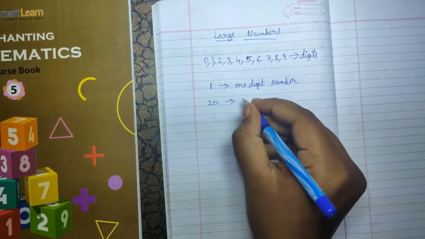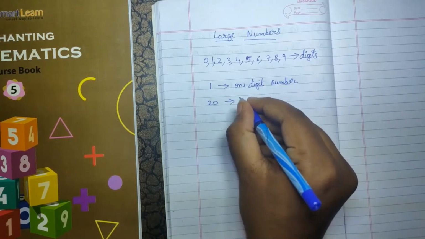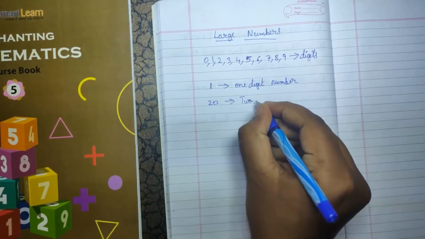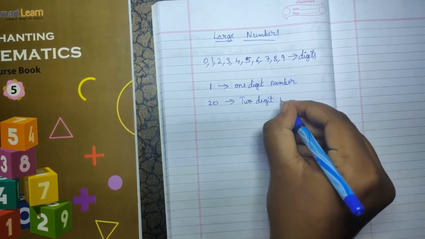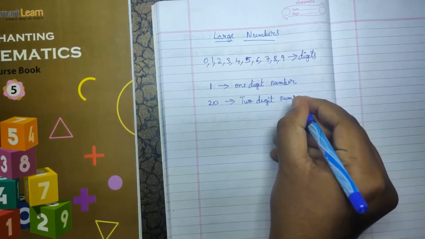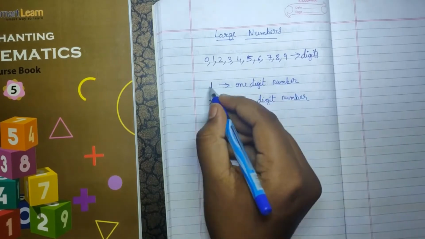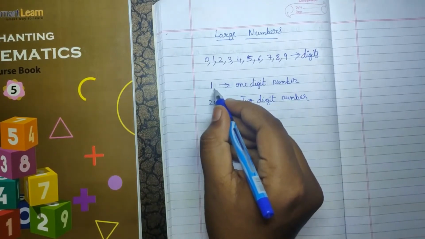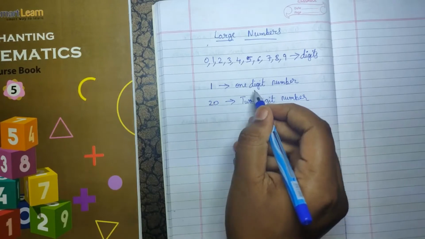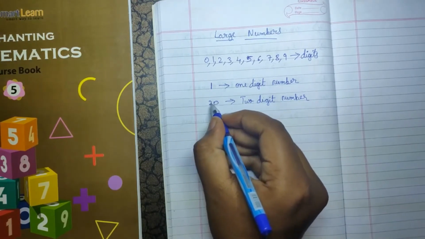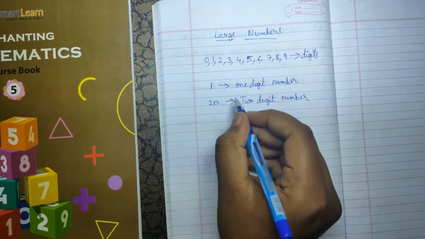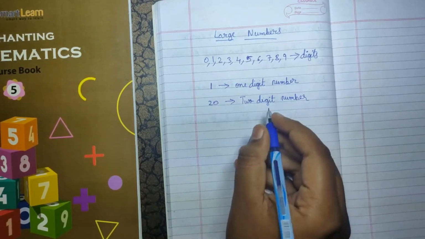This is how many digit number? This is a 2 digit number. Here only one digit is there, so we are calling it a one digit number. Here 2 is there, 0 is also there, so it is a 2 digit number.